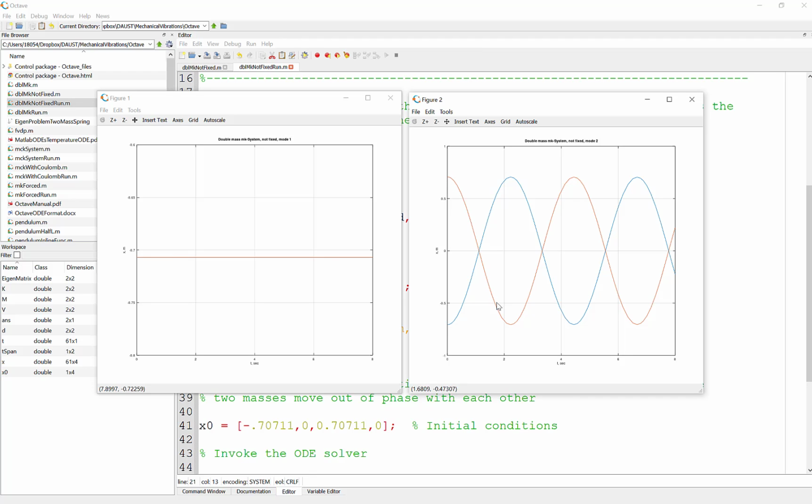And notice that they're out of phase with each other. Okay, they're bouncing back and forth. So here, the second mass has a positive value, the first mass a negative value of displacement. Here, the first mass has a positive value of displacement, and the second mass has a negative value of displacement.